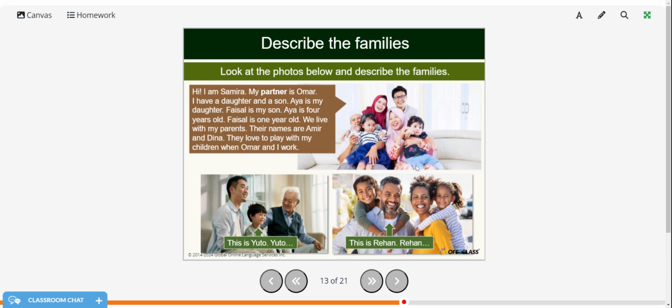Faisal is my son. Aya is 4 years old. Faisal is 1 year old. And we live with my parents. Their names are Amir and Dina. They love to play with my children while Omar and I work. So they've got the grandparents living with them.